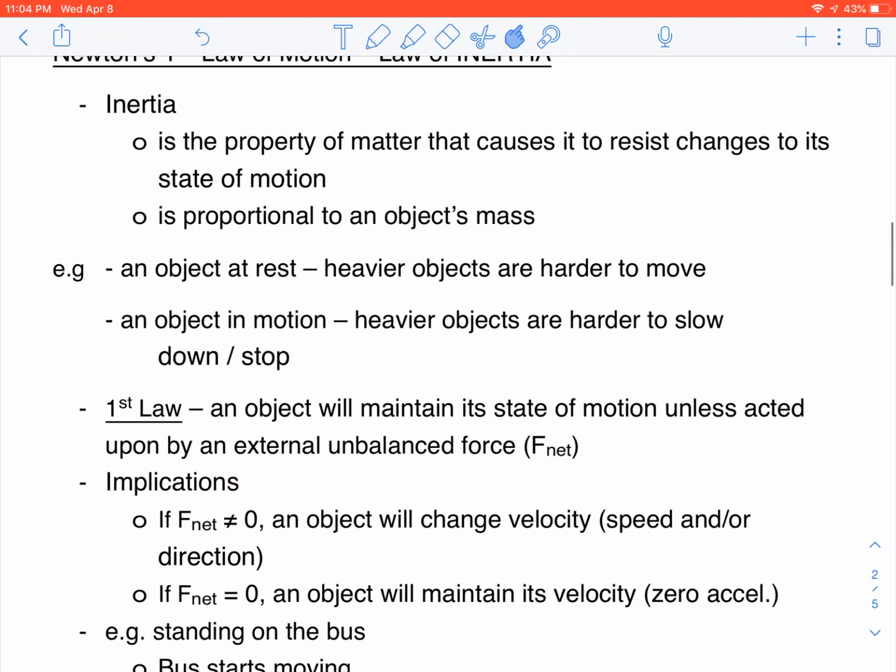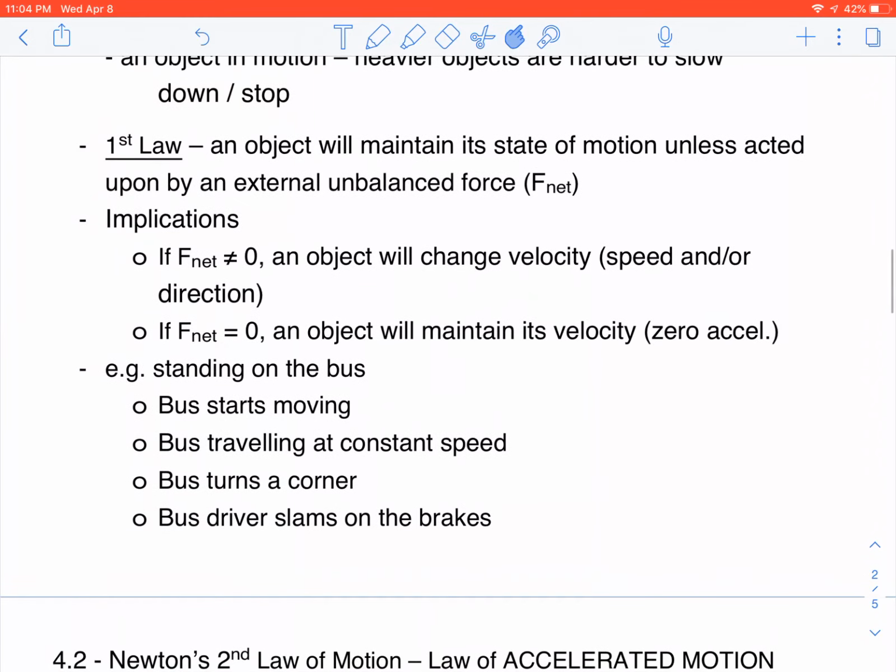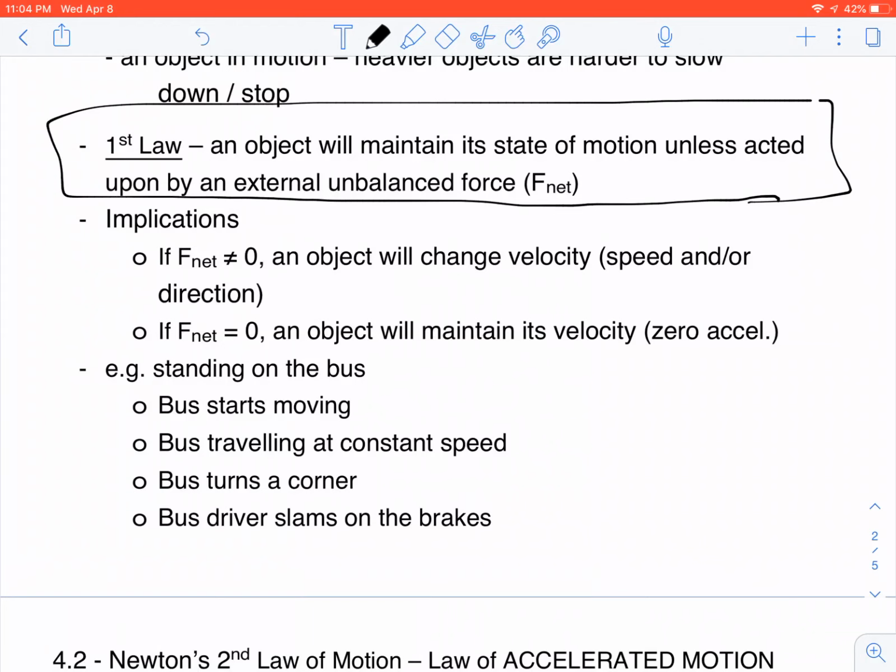Now, yesterday we started with 4.1, which is Newton's first law of motion, or the law of inertia. Newton's first law basically says an object will maintain its state of motion unless acted upon by some external unbalanced force. In other words, the unbalanced force is the sum of the forces.